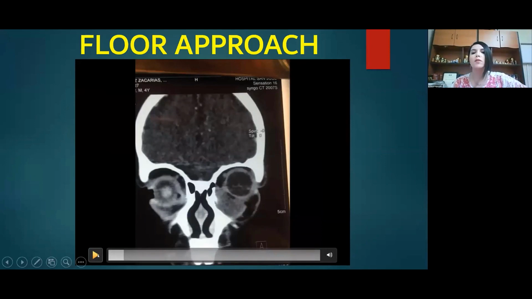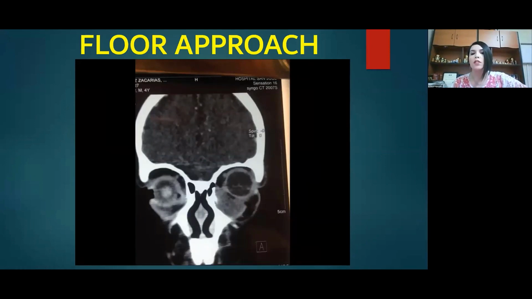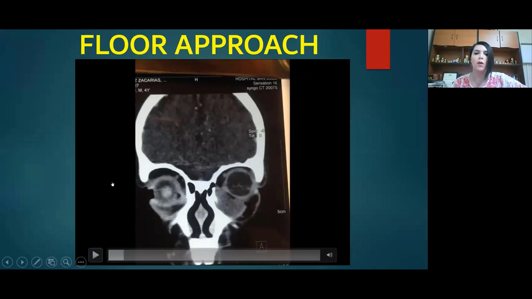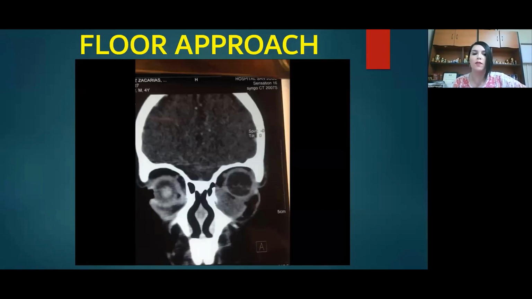And here we have the tomography. Fortunately, the inferior wall is not eroded. And we can see a more reflective tissue. It's a contrast tomography, and the eyeball is fine.